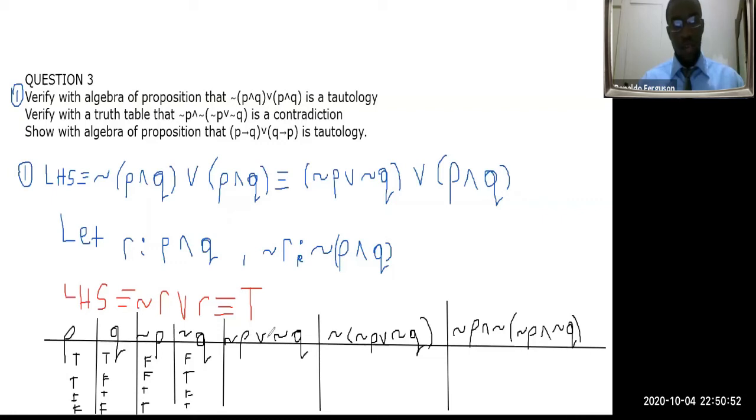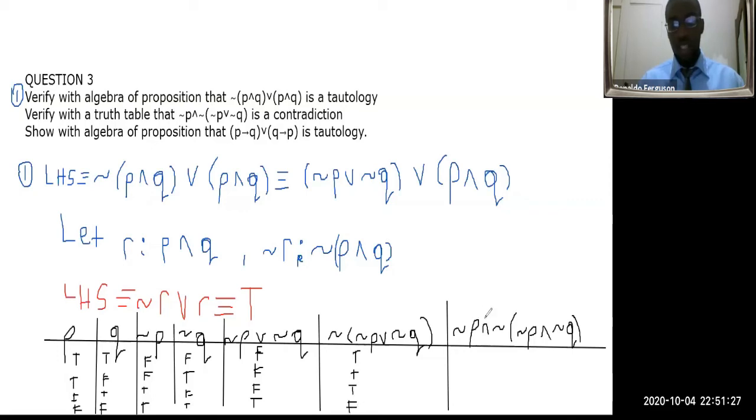And so not P or not Q, we're going to look at not P or not Q. False and false is false. False and false is false. False and true is false. Then true or false is false. And then true or true is true. Then we need the negation of this right here, which is going to be true, true, true, false.